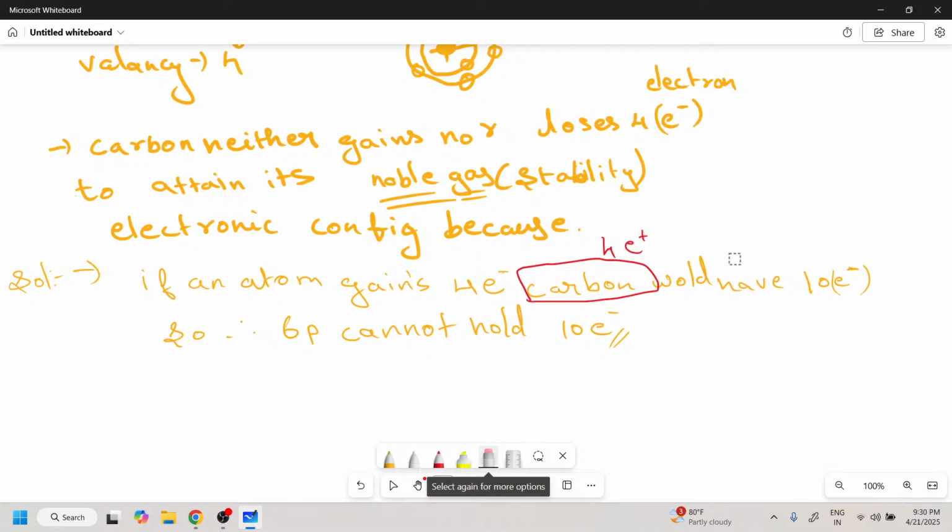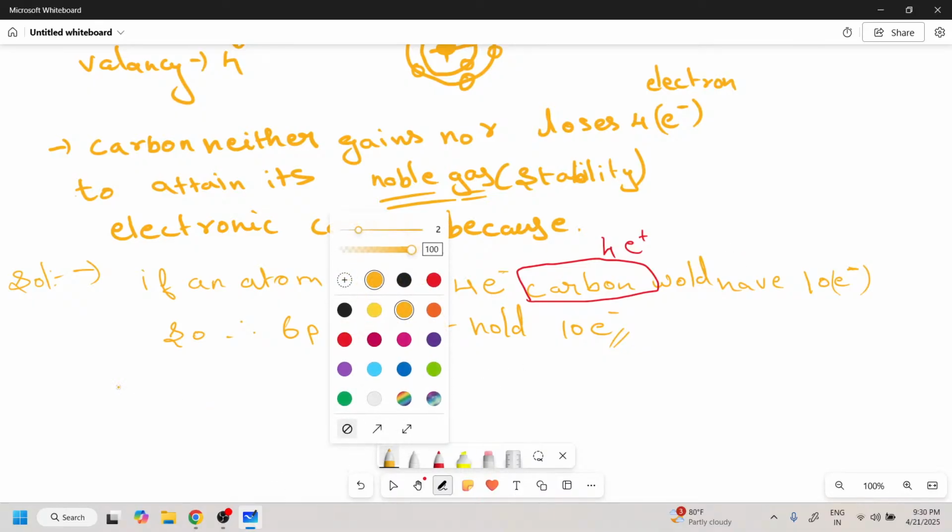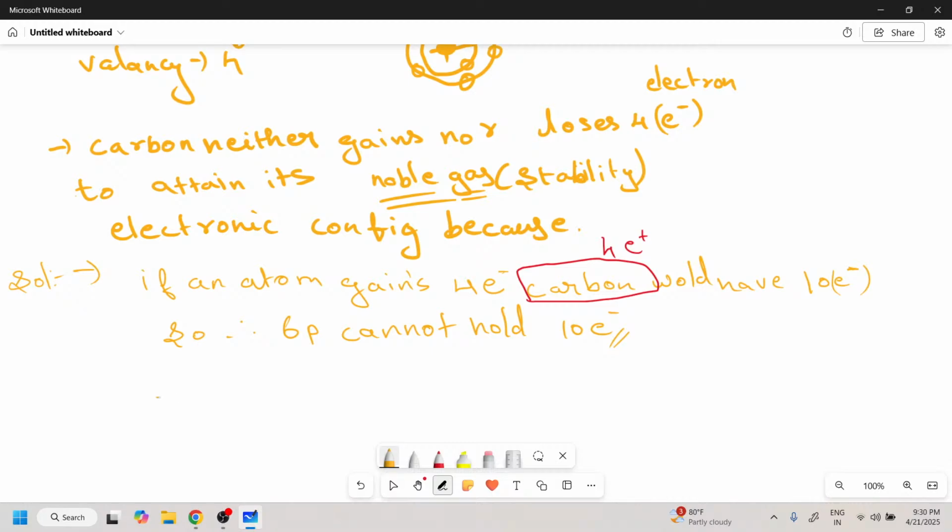What will happen? Many might know this, it's common. So if an atom or carbon, actually this is not an atom, I forgot to tell you that. This is only a carbon. Okay.